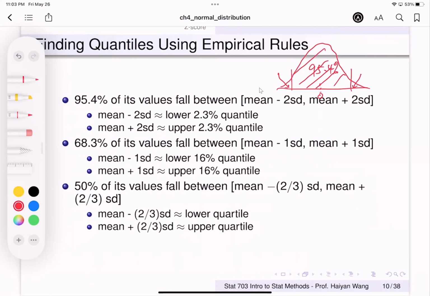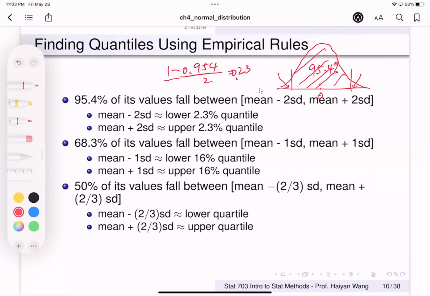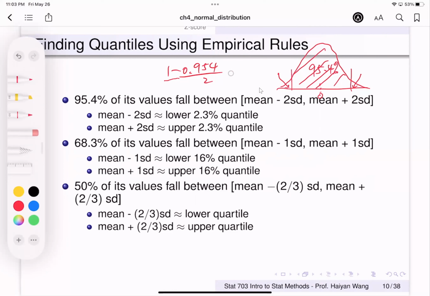They are the same. And what's in each tail is half of 1 minus 0.954, half of that, which equals 2.3%, so 0.023. So 2.3% is on each tail.